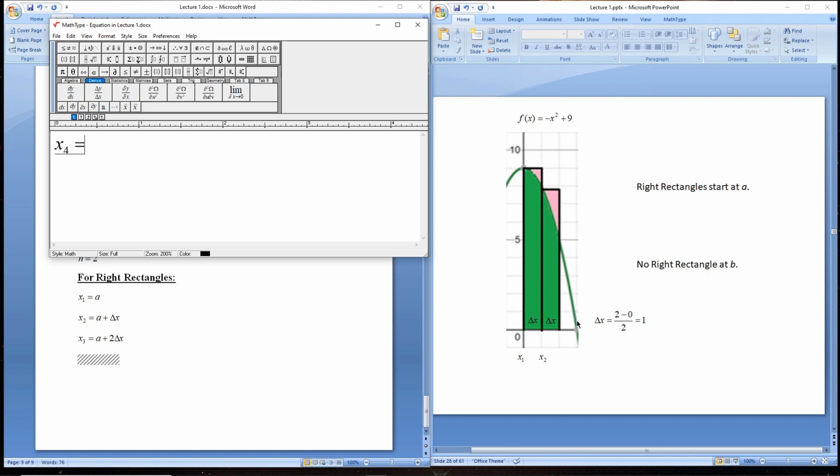And so that would be x1 plus 1 delta x plus 2 delta x plus 3 delta x. So x4 would have to be at the position of x sub 1, our starting point, plus 3 of these delta x's. And again, we know x sub 1 is a. So let's just replace that.